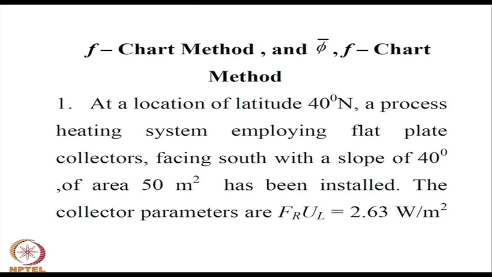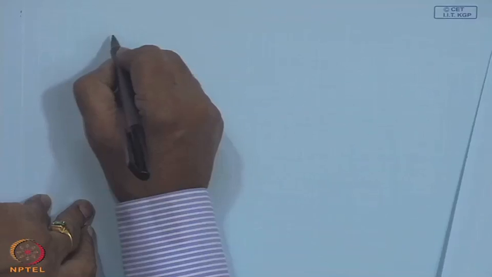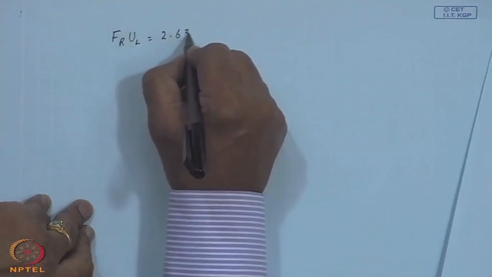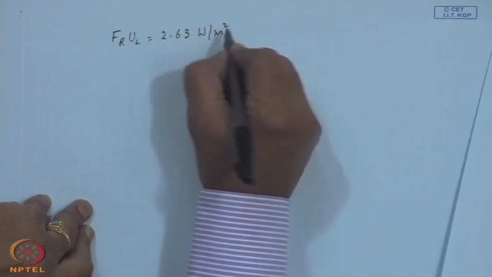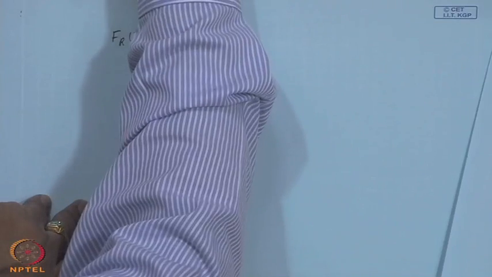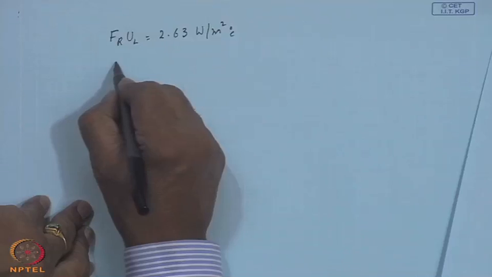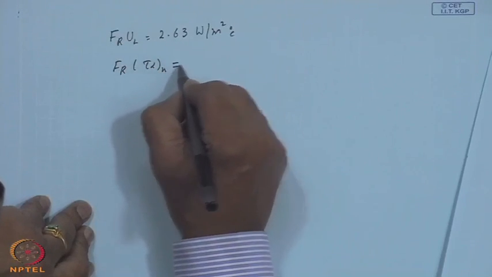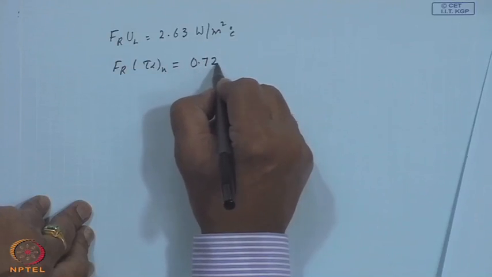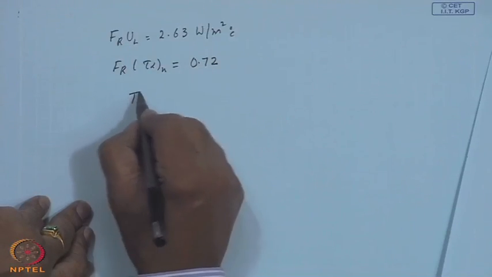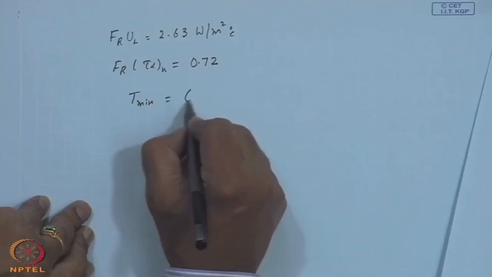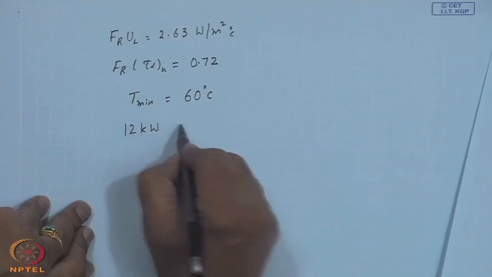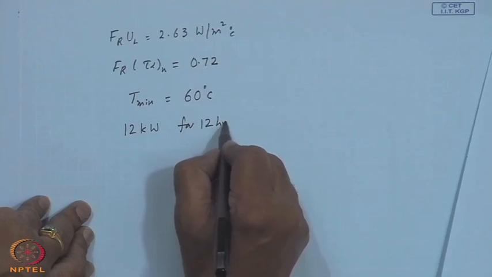The collector parameters are FRUL is 2.63 watts per meter square degree C, and FR tau alpha normal, this we have done, but for the sake of your continuity, 0.72, and T minimum is 60 degrees C and 12 kilowatt for 12 hours a day.